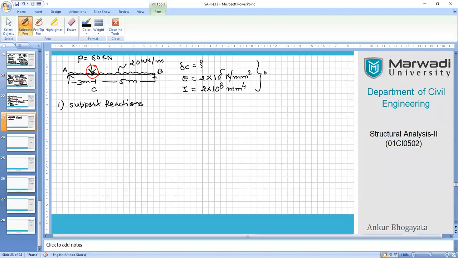So don't use 60 kilonewton, just use P as a force, and later on we will assign P as 60 kilonewton. And you know very well why we require to do this, because unless you have a force term like P in your equation, it will not be possible for us to take the partial derivative of total energy stored in the structure with respect to the associated force.